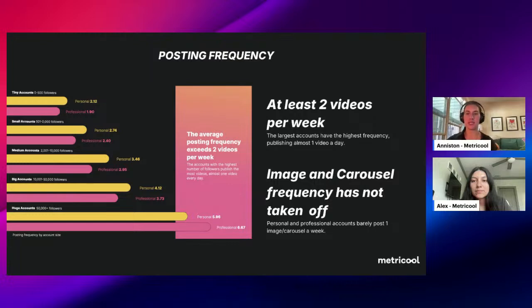As you can see, the tiny accounts are anywhere from 0 to 500 followers, and it increases. Obviously, the larger accounts have a higher posting frequency where they upload almost 1 video a day. But overall, the average posting frequency was 2 videos per week.